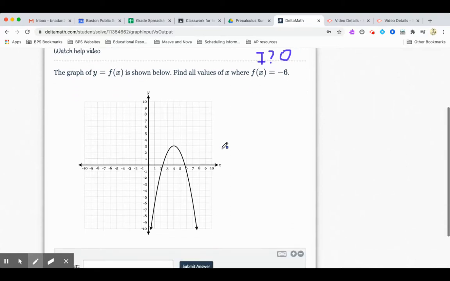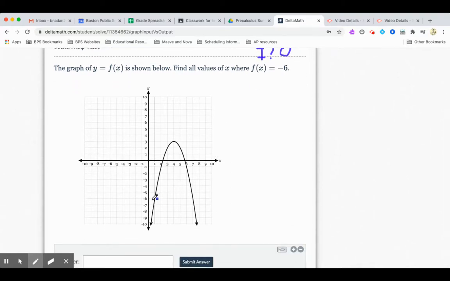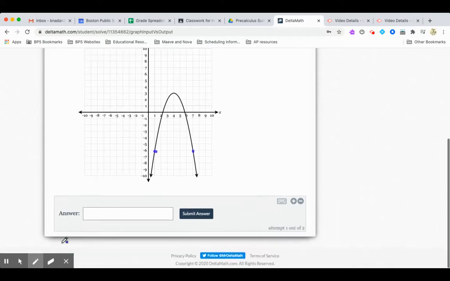Okay, and in this case, they give an output of -6. So when y is equal to -6, what can x be? So here you have two cases. You have x as 7 and you have x as 1. And so how you write these, if I'm not wrong, is 1, 7.